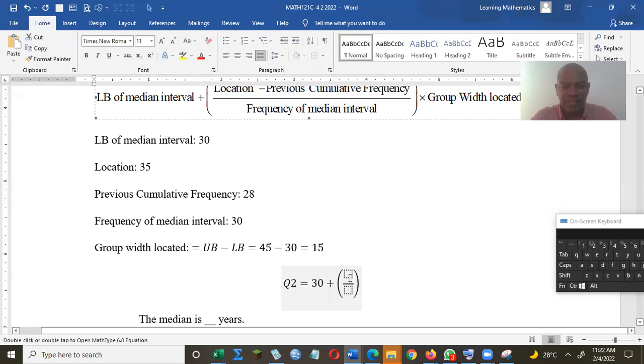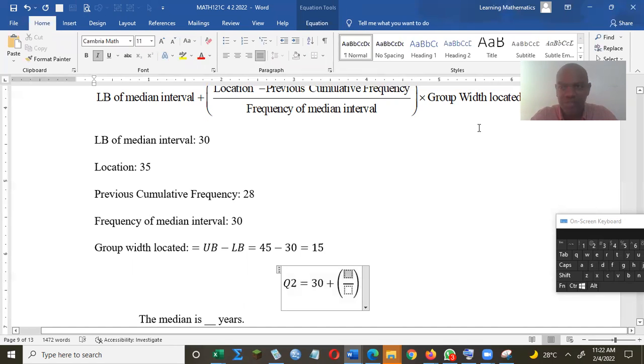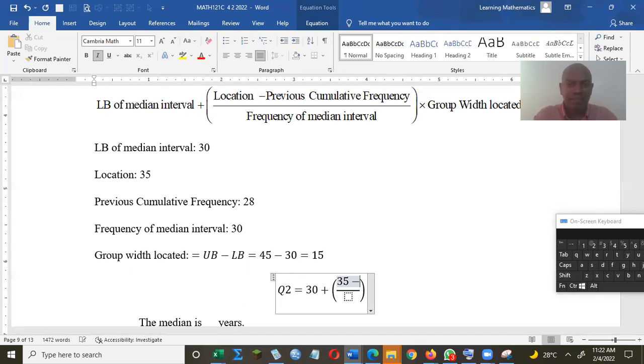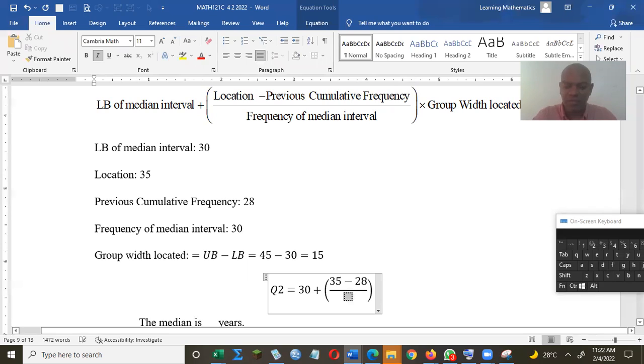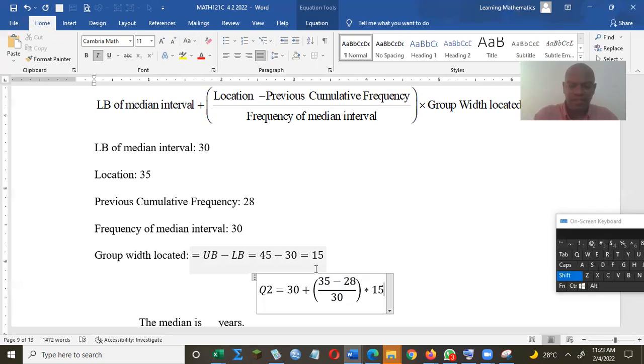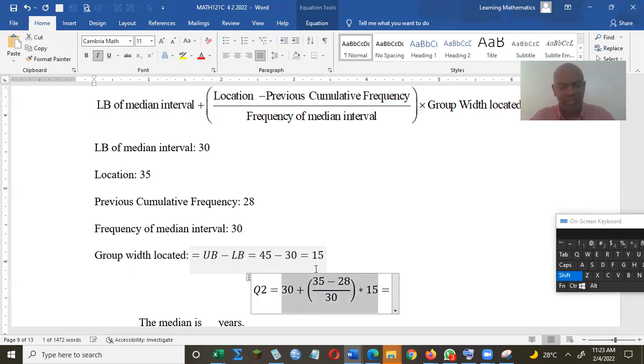It says location, here it is. The location, which is 35, minus the previous cumulative frequency, which is 28, divided by the frequency of the median interval, multiplied by the group width, which is 15. Okay, and this will give us a measure of the median using the interval distribution.